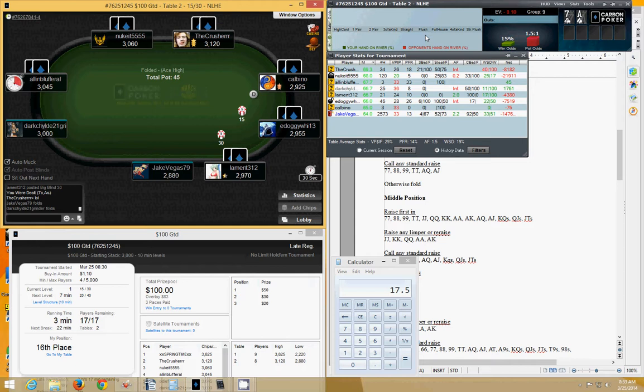But you can always use it for the percentages to get an idea of what your odds are of winning. And the most useful aspect, I think, is the pot odds calculator here. I do use this on occasion.